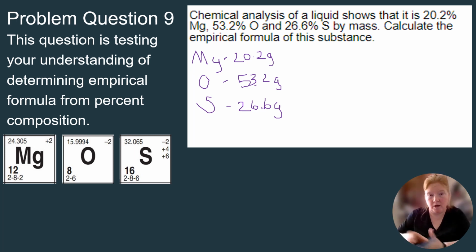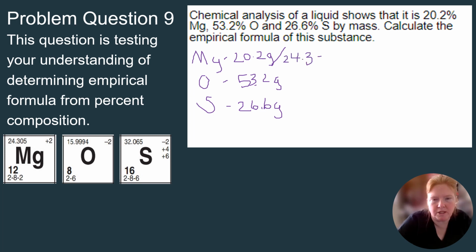Okay, then what? We know that the mole formula says in order to find moles, because I need moles in a formula, I have to do grams divided by gram formula mass. So for magnesium, that is 24.3. So you do 20.2 divided by 24.3, and you get 0.83126.